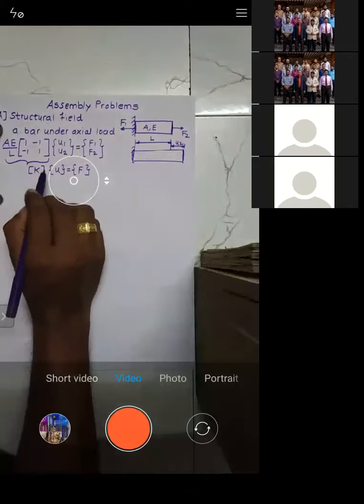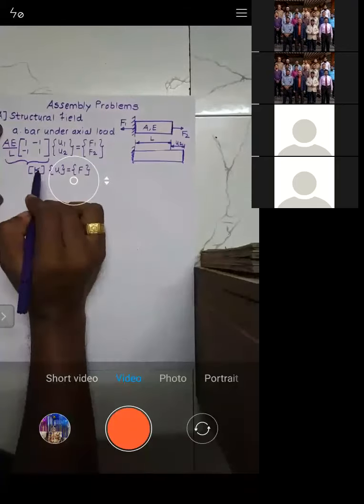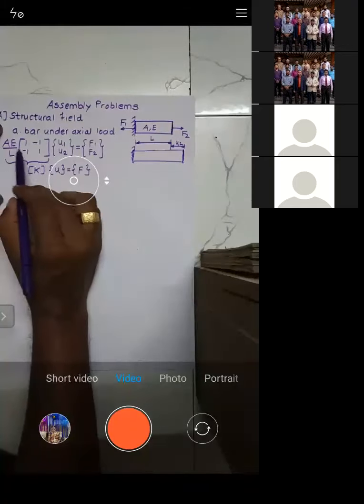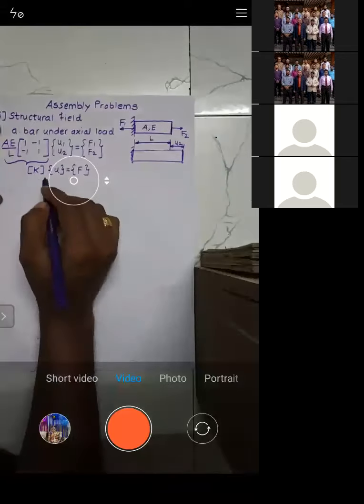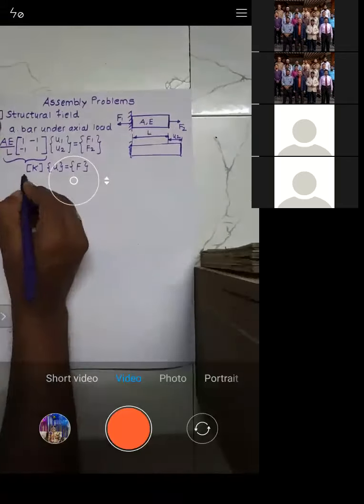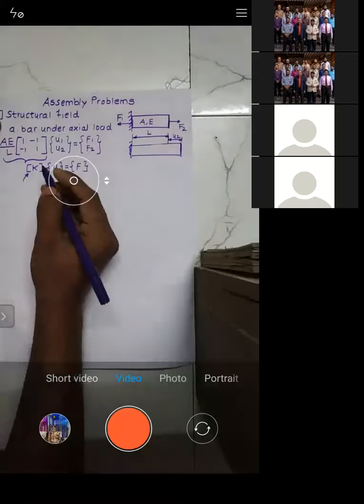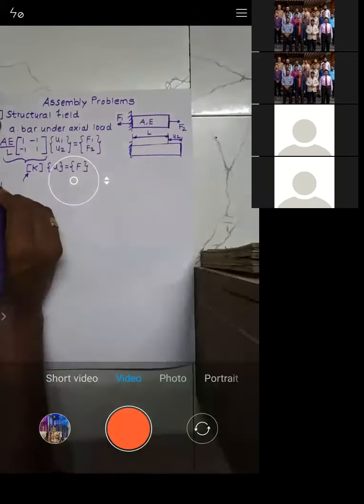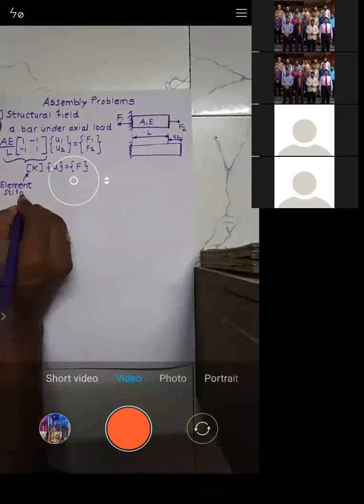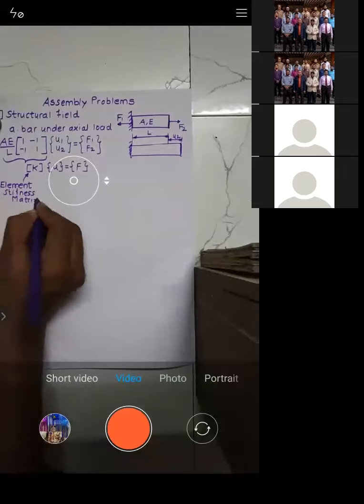This entire term is not a stiffness, it's a stiffness matrix, because with this particular term you have a matrix associated with it. That's why I will call this term K the element stiffness matrix.